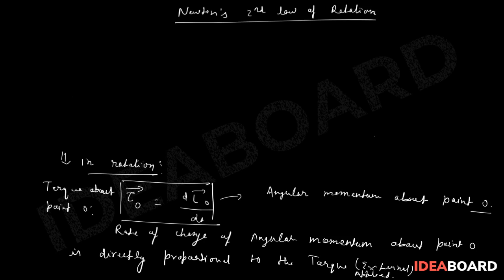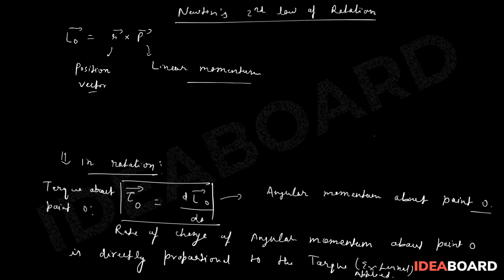So we know that angular momentum about any point O will be r cross p, where r is the position vector, p is the linear momentum, right? So torque is given by dL upon dt, which is nothing else but d of r cross p upon dt.